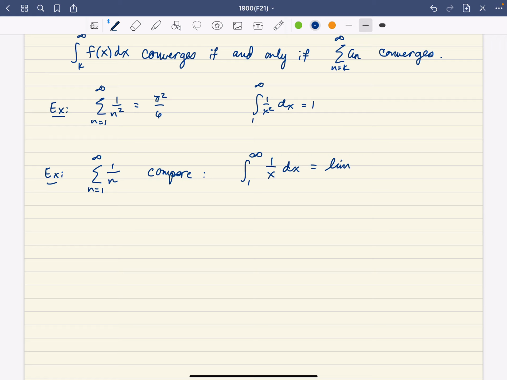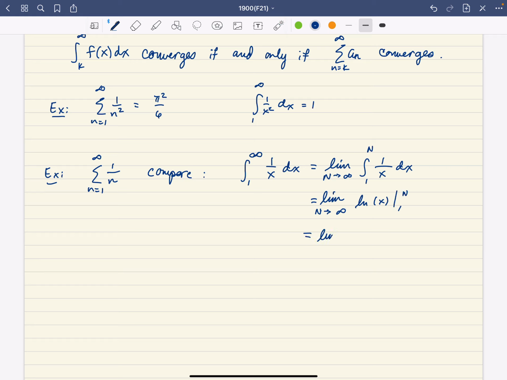This is going to be the limit as n goes to infinity of the integral from 1 to n of 1 over x dx. If we integrate 1 over x, we get the natural log of the absolute value of x, but x is going from 1 to n, so x is positive and we don't need the absolute value.